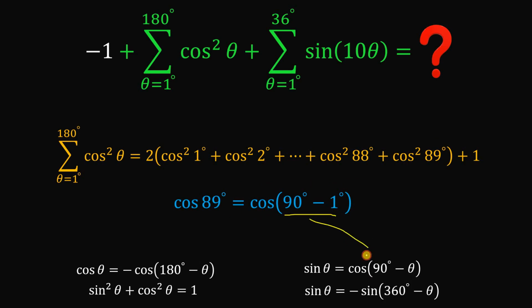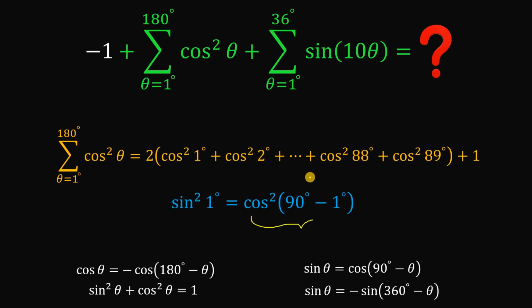And using this identity, we can say that cosine of 90 degrees minus 1 degree must be equal to sine of 1 degree. So, if we square both sides, we can say that cosine squared 89 degrees must be equal to sine squared 1 degree.